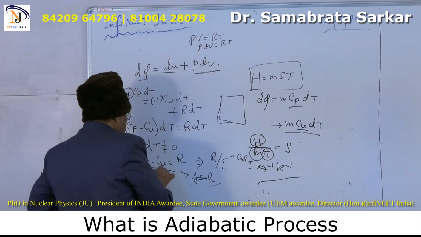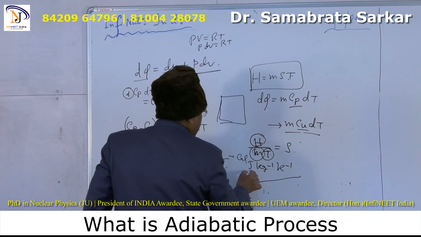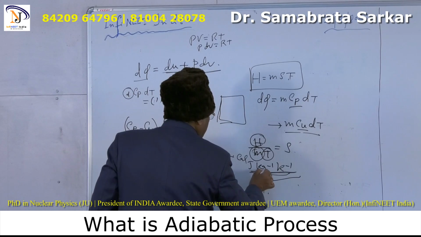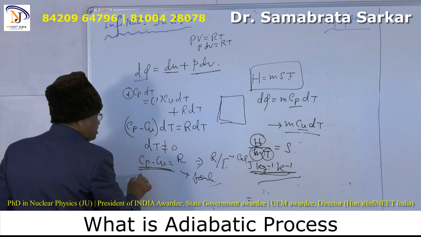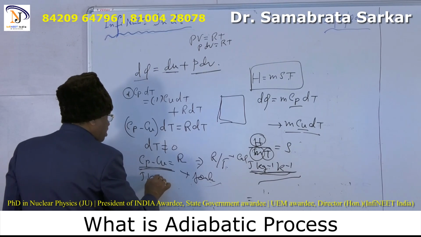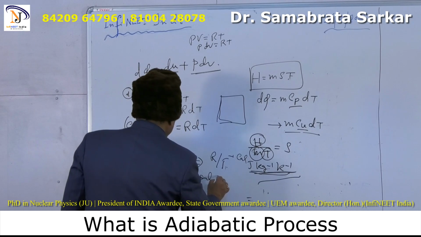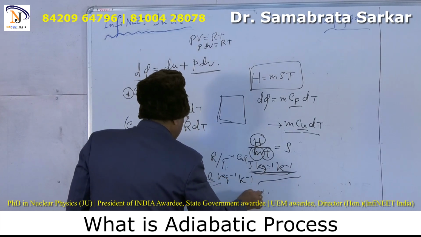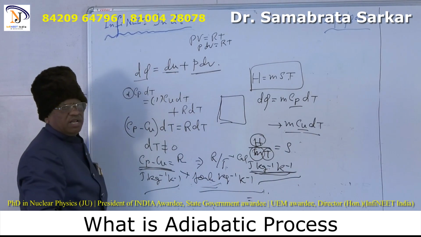You know the dimension on the left hand side: joule kg to the power minus 1 K to the power minus 1, and the right hand side also will be joule kg to the power minus 1 K to the power minus 1. So left hand side and right hand side units will be identical.